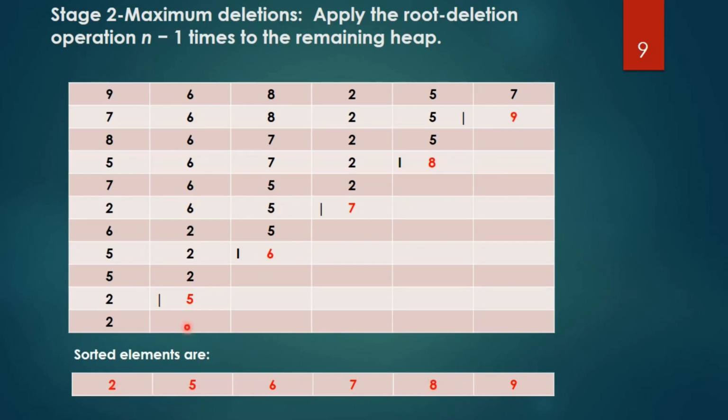So if you apply deletion operations on a max heap, then you get the elements in increasing order. So if you want to get them in decreasing order, then you have to apply max deletion operation on a min heap. So that's about the heap sort technique.